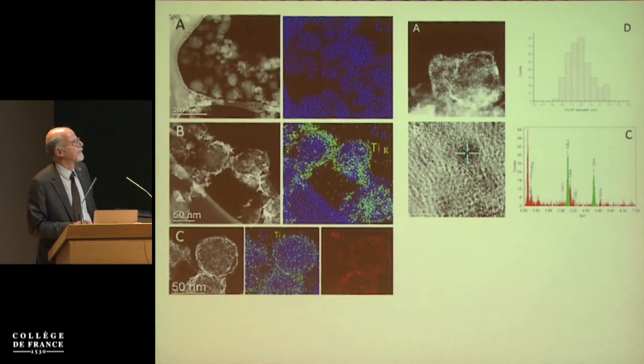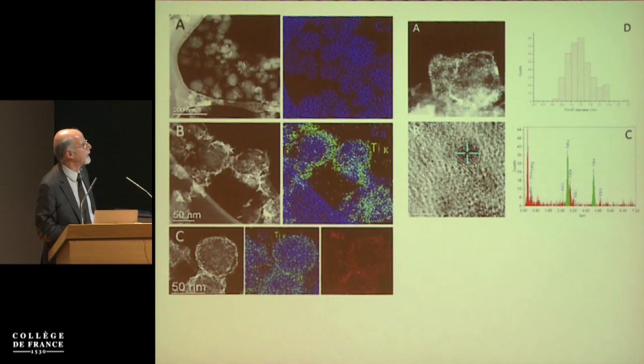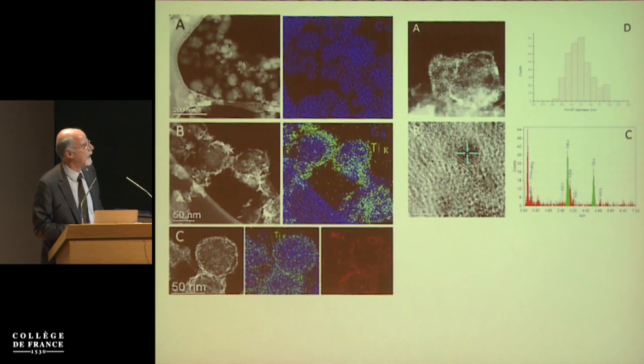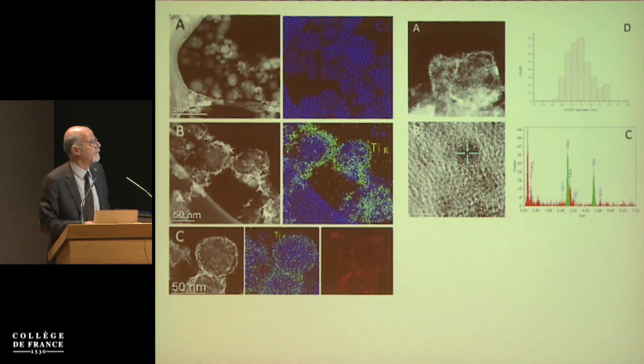And again here, in collaboration with Lucia Nasi in Parma, we could obtain these beautiful TEM images where we can see the carbon element here, the titanium mapping, and then the palladium mapping. And again, you can clearly see the very homogeneous distribution of palladium inside the construct.